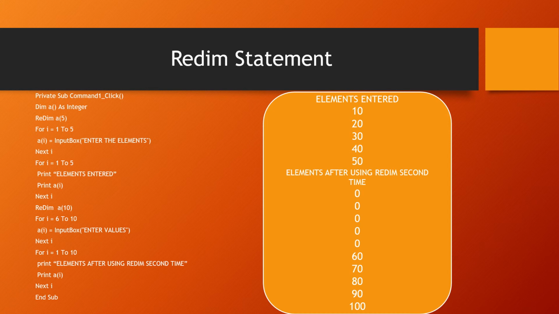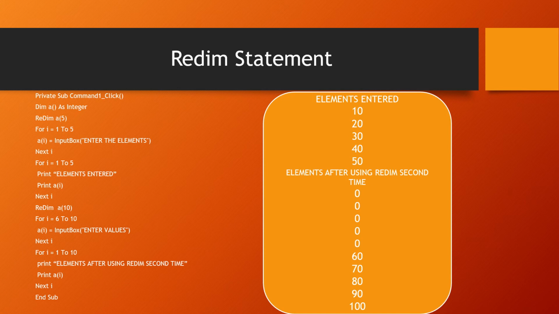And again using the redim statement, we are resizing the array to 10, and we are getting 5 values from the user, which are stored in the index values A6 to A10.